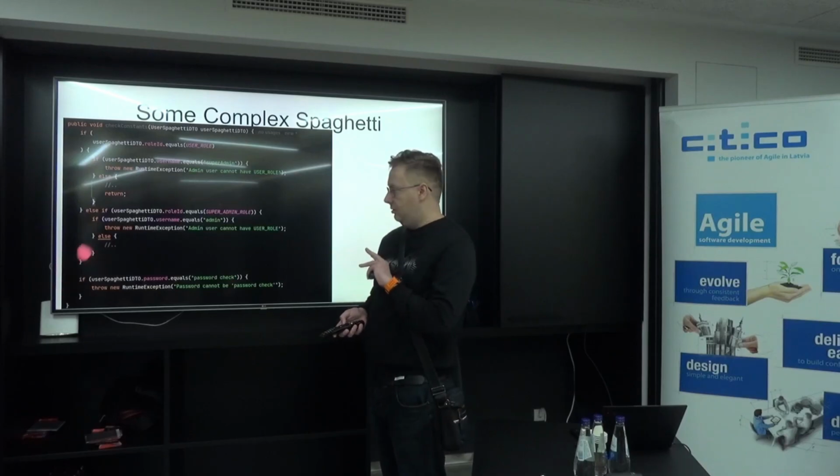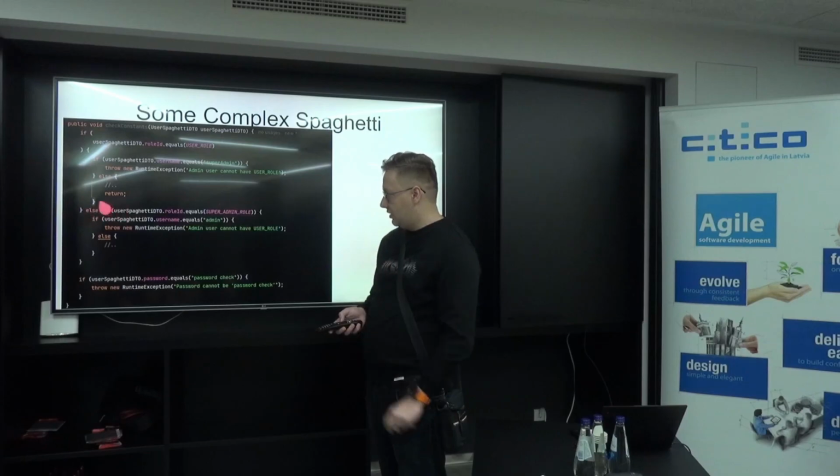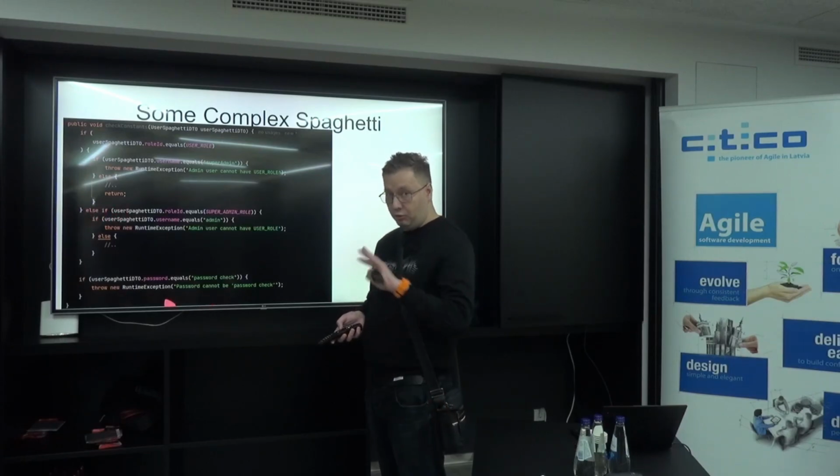This is maybe not the worst for readability, but it is very tricky, because if I remove this return, then the system starts to execute this part and this part. And this appears without your knowledge.